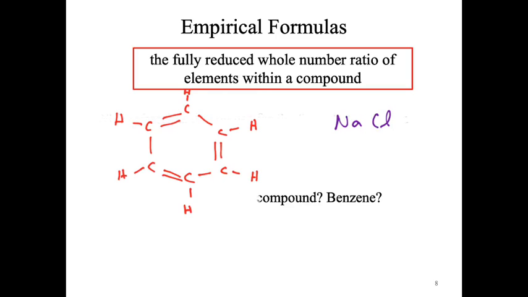If I look at a bunch of sodium chlorides, they alternate out. Notice how they're alternating: sodium to chlorine, sodium to chlorine, sodium to chlorine. There's a very regular pattern behind that. That regular pattern comes from a difference in electronegativity.